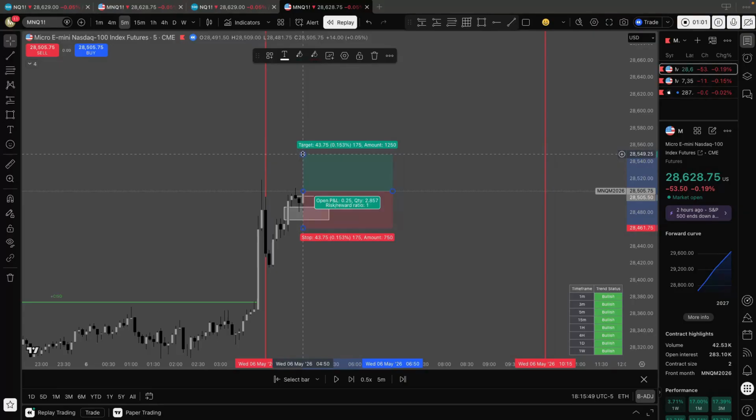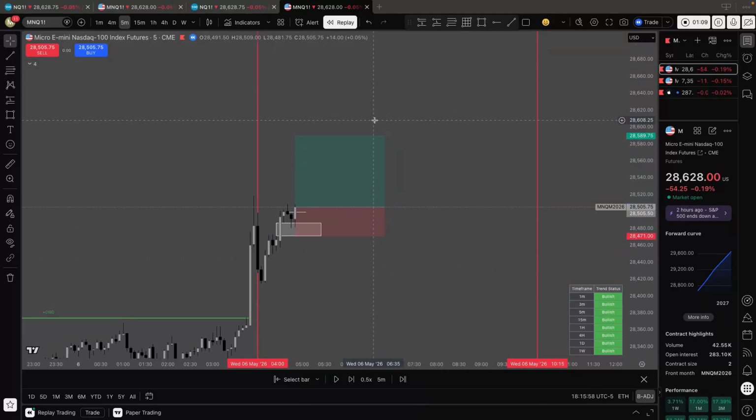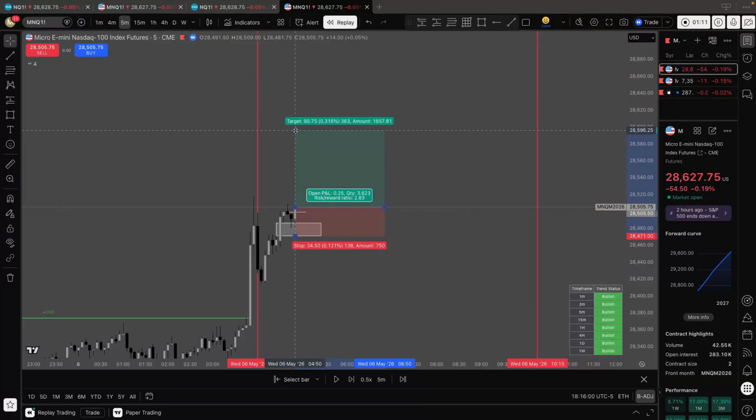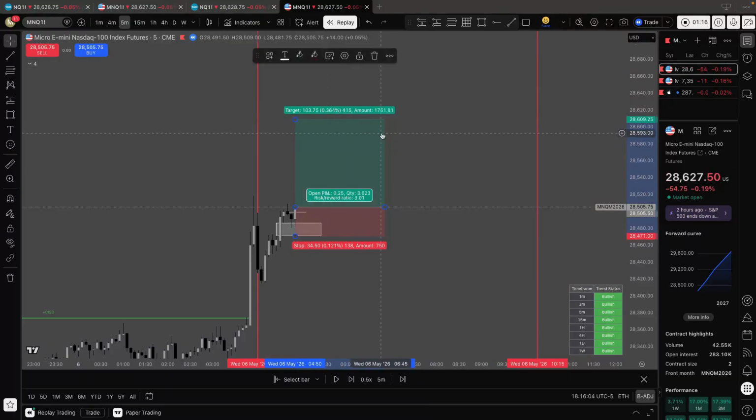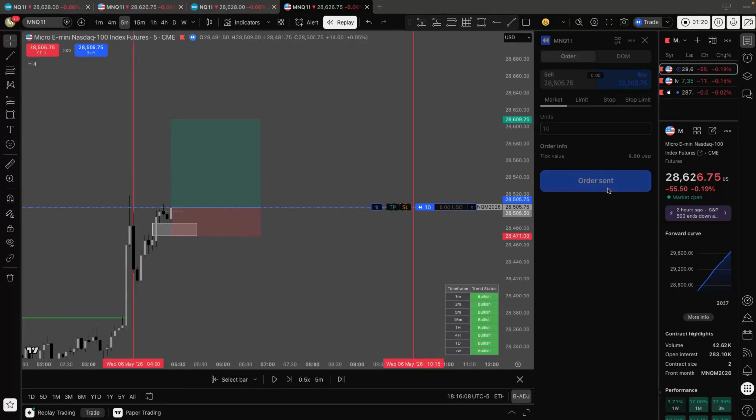Let's go for a 1 to 2. Actually, we can probably make this a little bit better, because I'm going to put my stop loss at the bottom of that fair value gap. So for this one, let's go for a 1 to 3, since we do have a smaller stop loss. I forgot I got to buy.